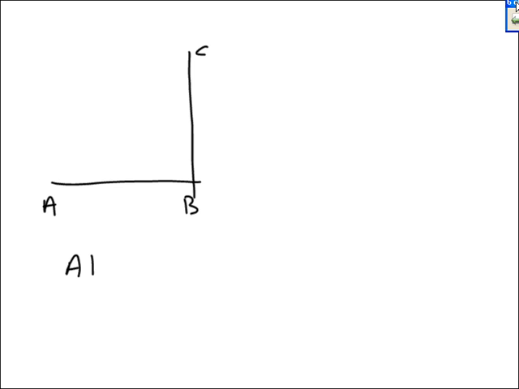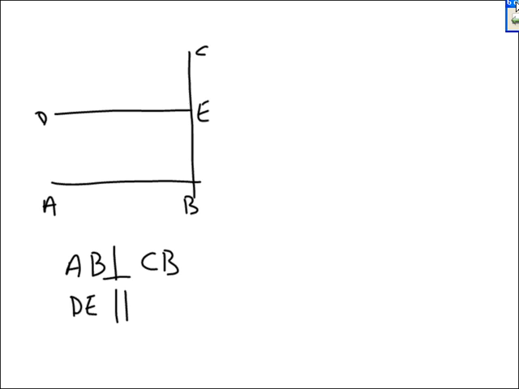And you are given that AB is perpendicular to CB. And you are also given that DE is parallel to, no, to AB. And assume that DE intersects this line.